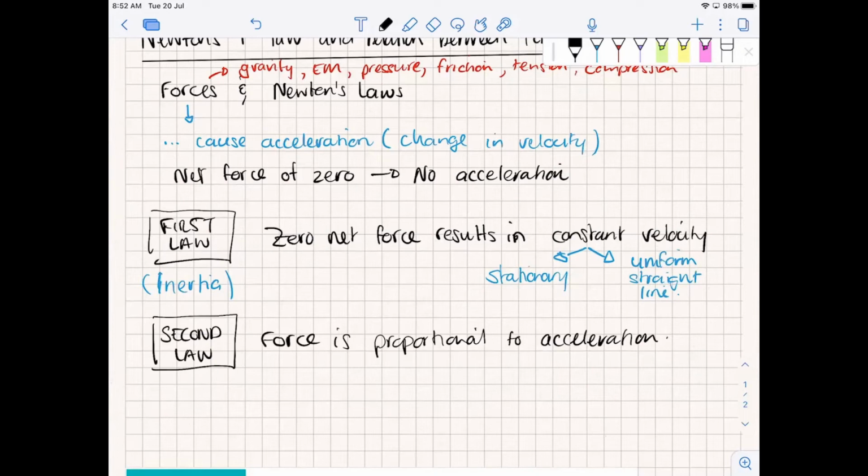Now, the way you would have learned this last year when you were doing IGCSE is force, and then you learned this funny little symbol, is proportional to acceleration, right? Now, if you remember writing this as y is proportional to x, right? You would have remembered there was that constant k that you always had to solve for, okay?